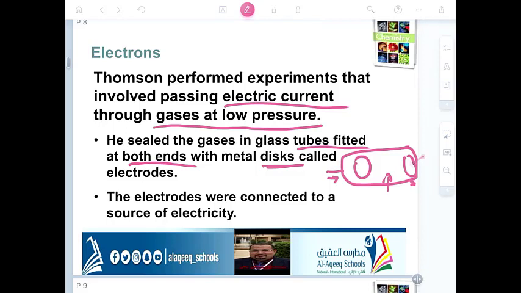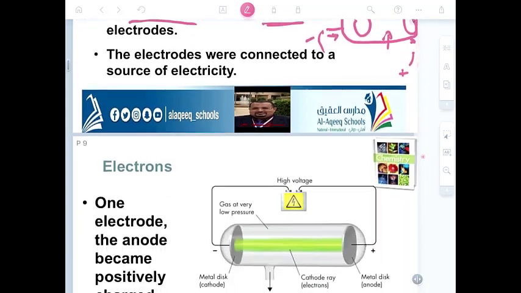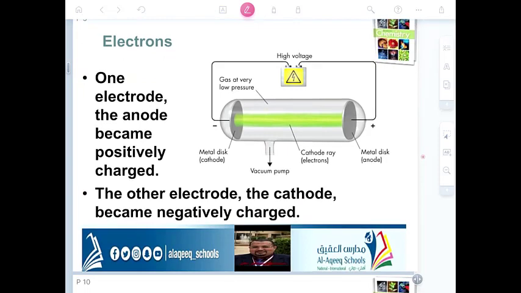These two ends are connected with electricity, and they call them electrodes, the negative electrode and the positive electrode. The electrodes were connected to a source of electricity. Look, this is the metal disc, the negative electrode, or we can say cathode, and this is the other metal disc, connected to the positive electrode, or we can say anode.